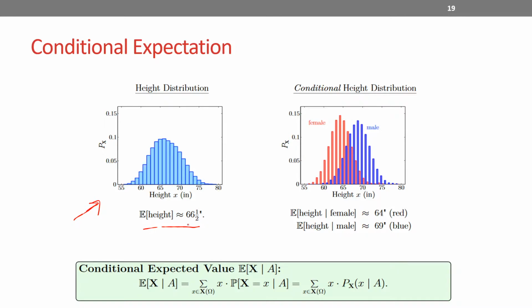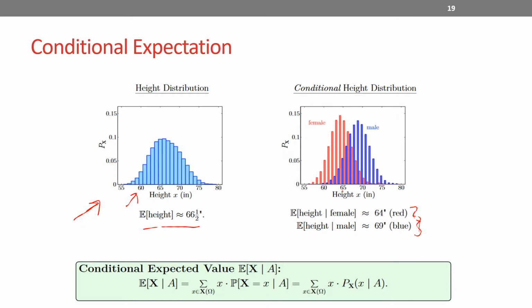For example, a certain subpopulation will not conform to this probability distribution function that's displayed here. We can assume one subdivision, for example, male versus female, right? If you look on the right hand side, we have the female and the male PDFs separated. And as you can see, the expected value of height for only females is 64 inches, and expected value of heights for only males is 69, right? So there is a significant difference between the expected values.